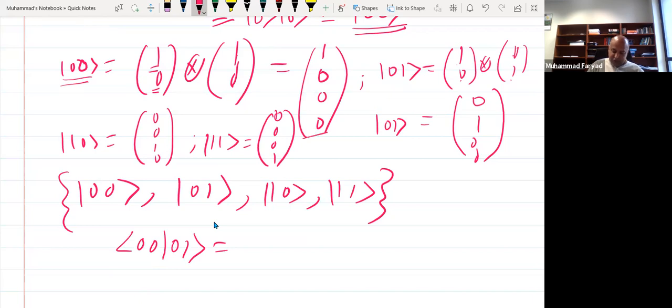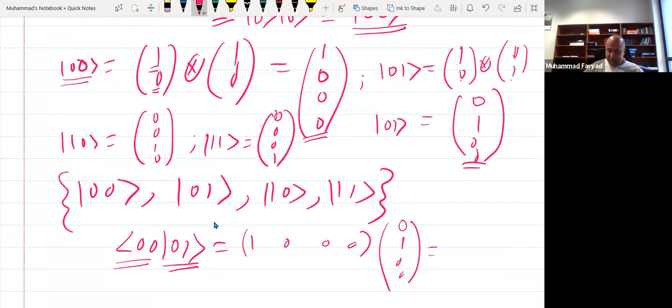For example, this is the 0, 0 state, so when I make its bra, it becomes (1, 0, 0, 0). And this 0, 1 is over here, so this is (0, 1, 0, 0). Let's take their matrix product. 1 into 0 is 0, 0 into 1 is 0, 0 into 0 is 0, plus 0 equals 0. So we see that this inner product is 0.